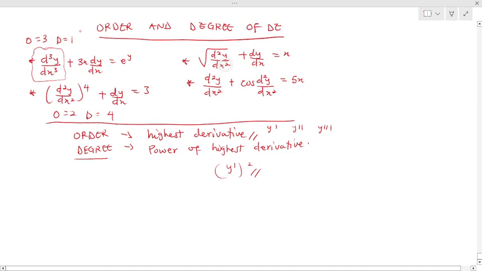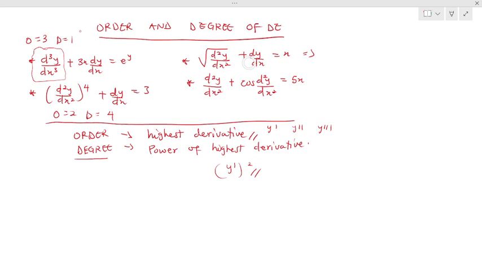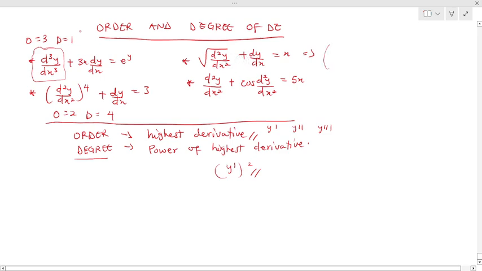I come to this third one. Now you can see some square roots here. Whenever you see a square root where a derivative is within its argument, the first thing is to get rid of the square root before you can find the order or degree. Otherwise, you're going to make a mistake. So we can rewrite this equation by taking the square on both sides.